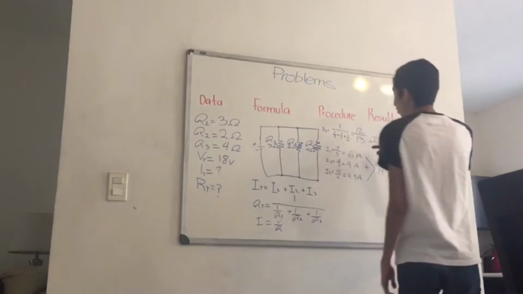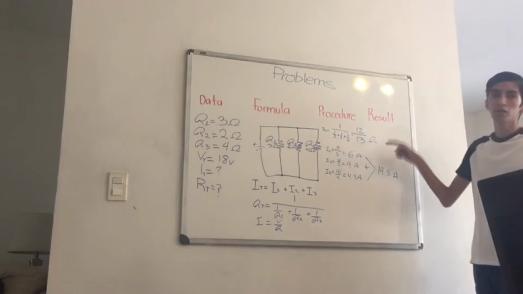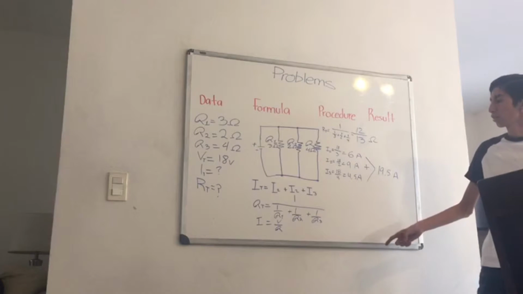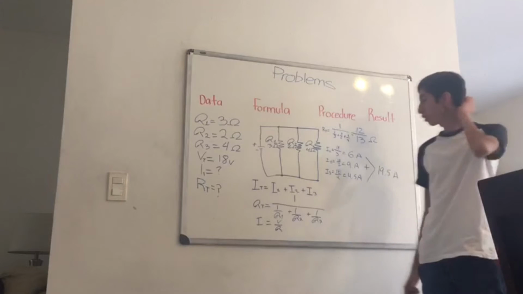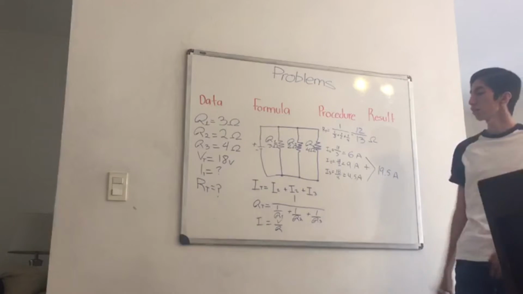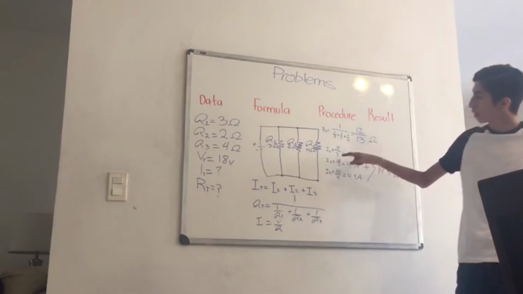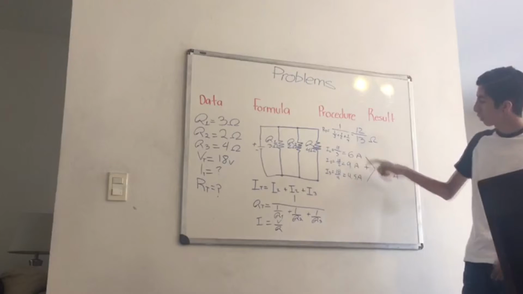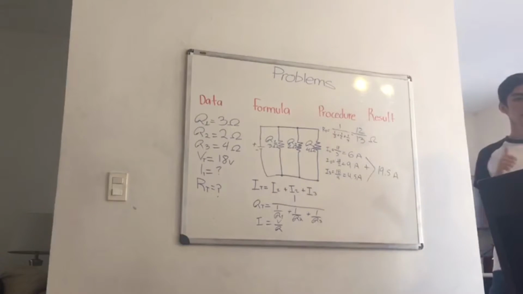Once we substitute in the formula, we obtain this. And then to find the total current, we have 18 here because of the same voltage. In parallel circuits, we have the same voltage, and we only need to change the value of each resistor. Then we get these values, and we only need to add them.